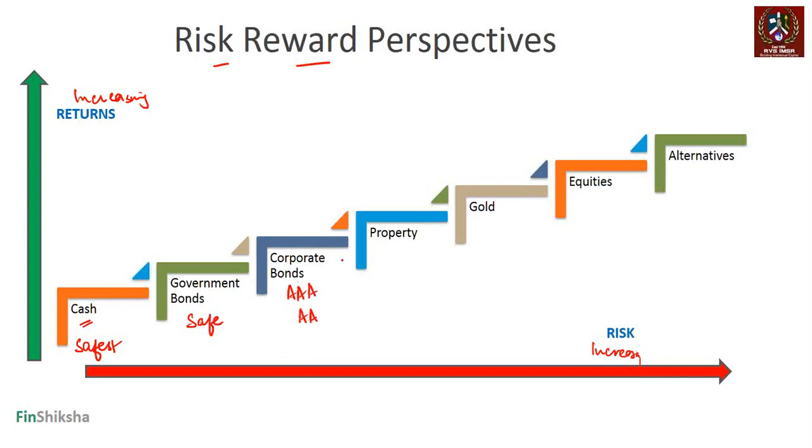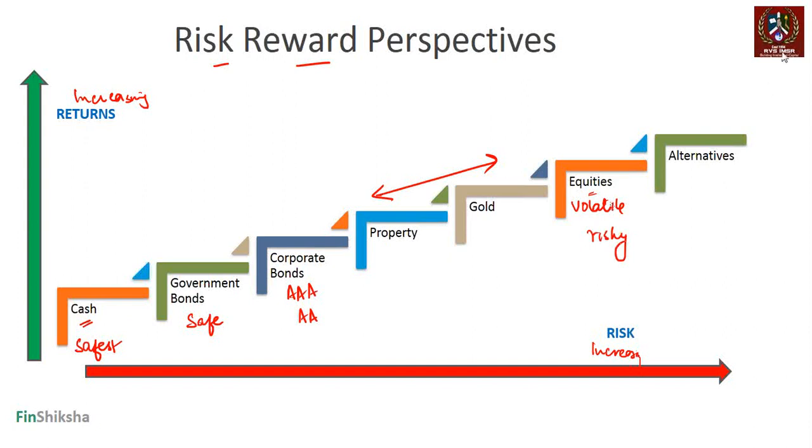They are the next one. Real estate and gold typically come here, but there is no clear-cut idea. They are usually considered safer because prices don't fall dramatically in real estate, and gold is considered safer because it's a globally acceptable commodity. Equity markets typically tend to be volatile, so they are at the higher end of the risk spectrum.